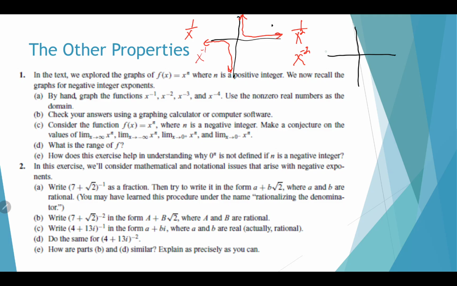So this one is going to stay up here. I can't plug in 0, that's still an asymptote. The closer x gets to 0, the larger it becomes, which drives it up. But it's never going to be a negative value.